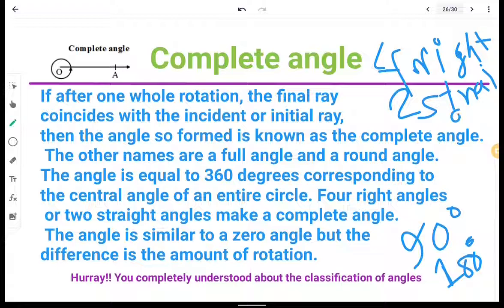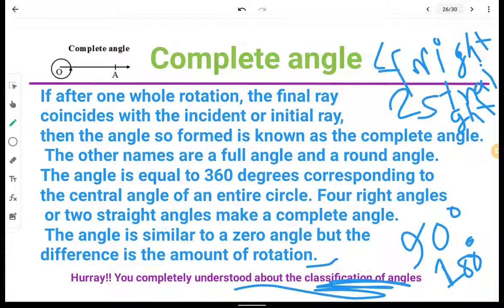Now, moving on. The complete angle is similar to a zero angle, but the difference is the amount of rotation. I already told you this part some time ago. Now, I want to congratulate you for completing the understanding of classification of angles.